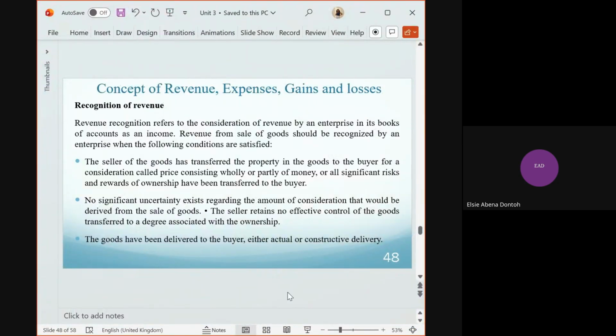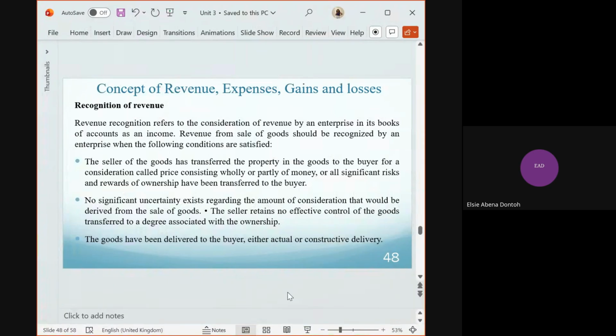Recognition of revenue. Here, the seller of the goods has transferred the property in the goods to the buyer for a consideration called price. Significant risks and rewards of ownership have been transferred to the buyer. No significant uncertainty exists regarding the amount of consideration that will be derived from the sale of goods.